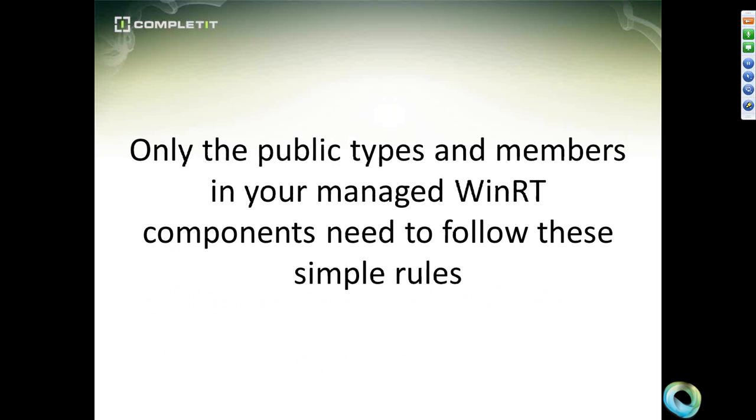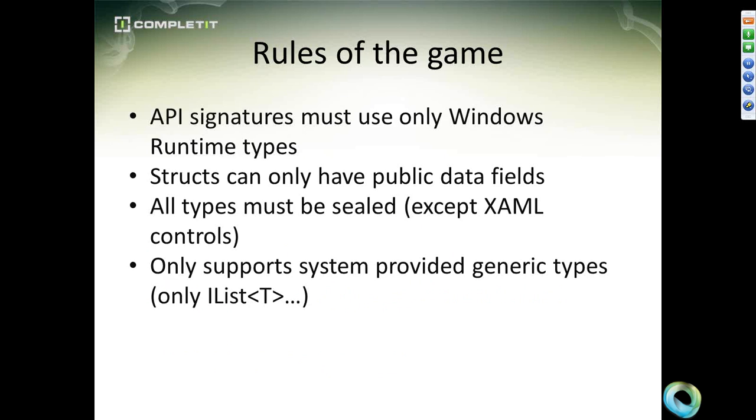The first one: only public types can be exposed. These rules apply, of course, to the public types. The API signatures can only use WinRT types. Structs should not have private fields, and can only have public data fields.